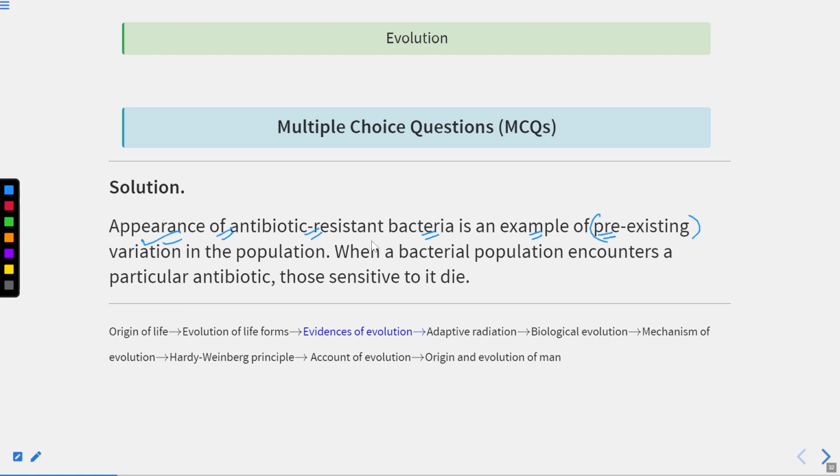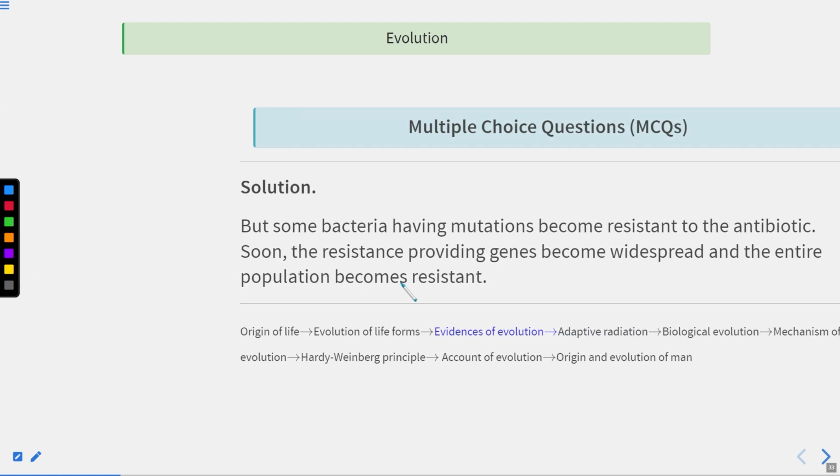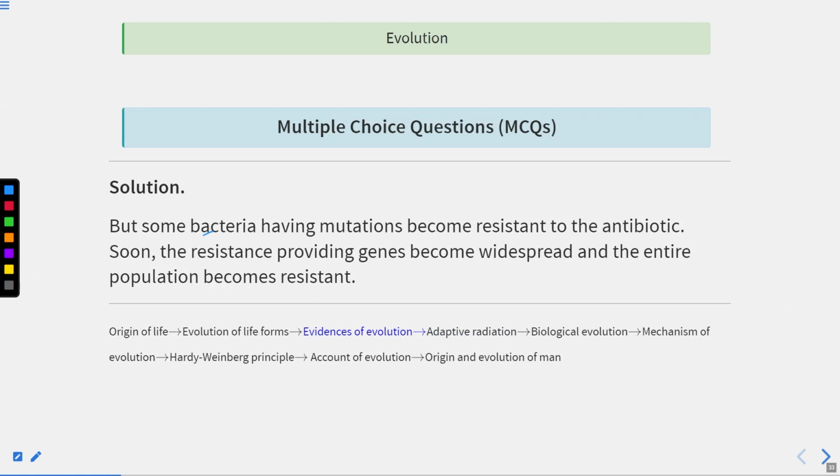When the bacterial population encounters a particular antibiotic, those sensitive will die. But the other bacteria having the mutations become resistant to the antibiotic. Soon the antibiotic resistant providing gene will become widespread and the entire population will become resistant.